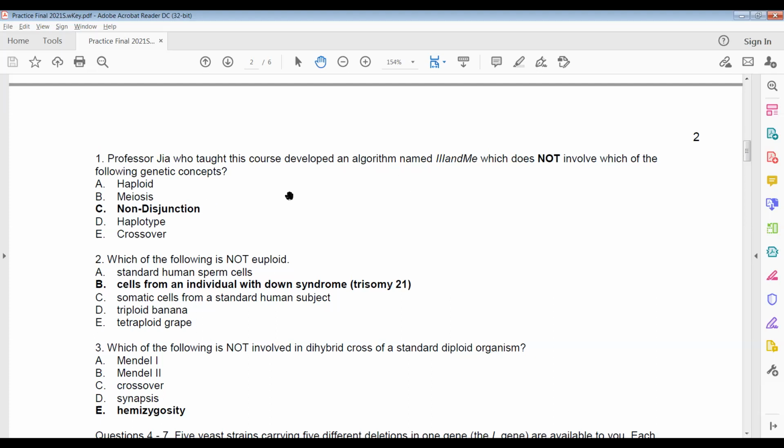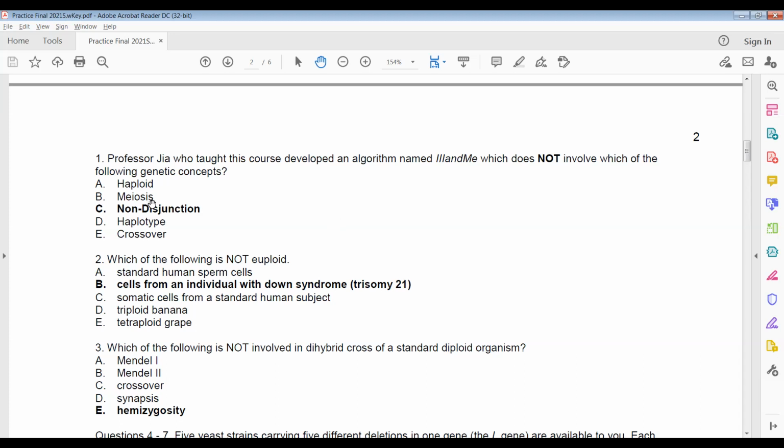Because that research is doing the inference of the haplotype, of course it is related to the haplotype. This question was asking which of the following statements is irrelevant to this project. Definitely D is not, because this project is relevant to the haplotype. And we are using the gametes, so that's the haploid. Because of the crossing over during the meiosis, you're going to generate different types of gametes.